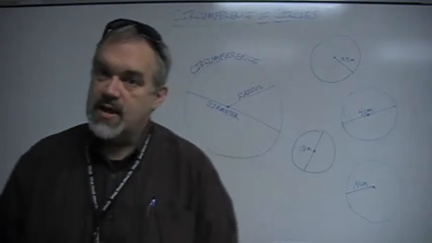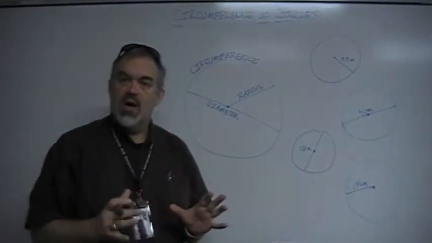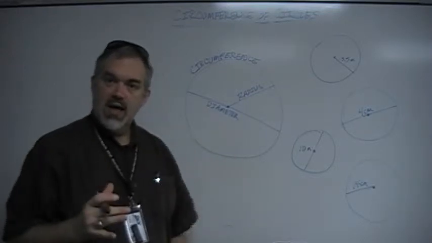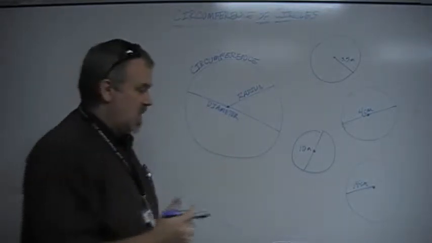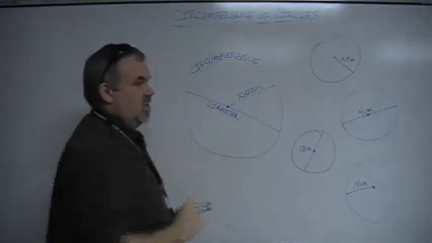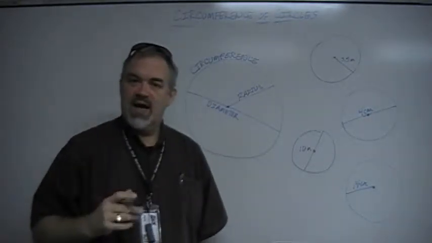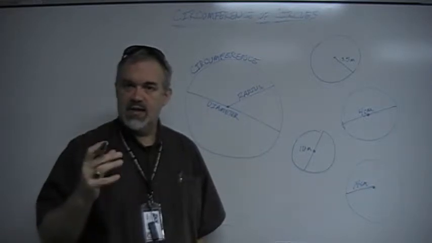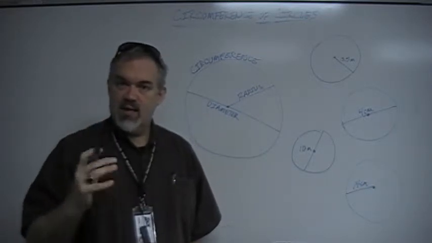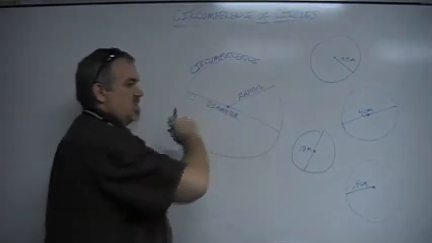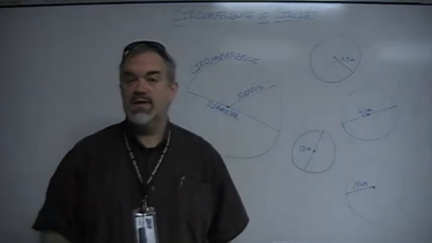Now for centuries, since ancient times, one of the questions that has troubled mathematicians is the relationship between the diameter of a circle and the circumference of a circle. What we discover if we investigate this is that there's always the same relationship between the diameter of a circle and the circumference of that circle, regardless of the size of the circle.